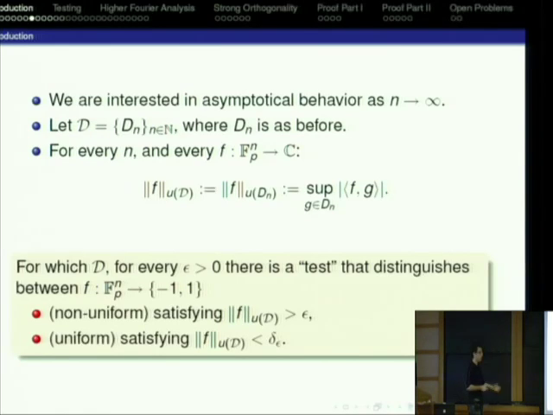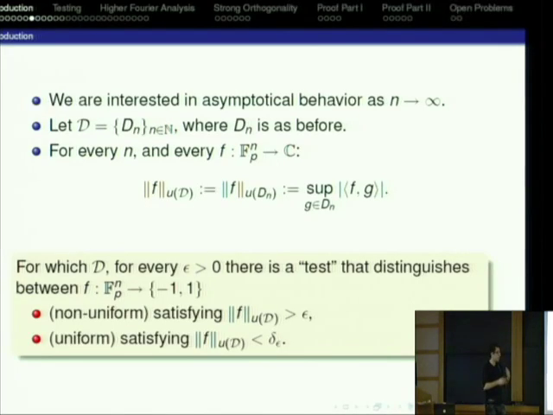Now, let me rephrase the question that I'm interested in in a bit more precise way, again, not completely rigorous. We want to see for which families D, for every fixed epsilon, there is a test that distinguishes between functions from F_p^n to [-1, 1] that are non-uniform, so their uniformity norm is at least epsilon, from the functions that are uniform, so their uniformity norm is at most some delta, which is a positive number depending on epsilon.